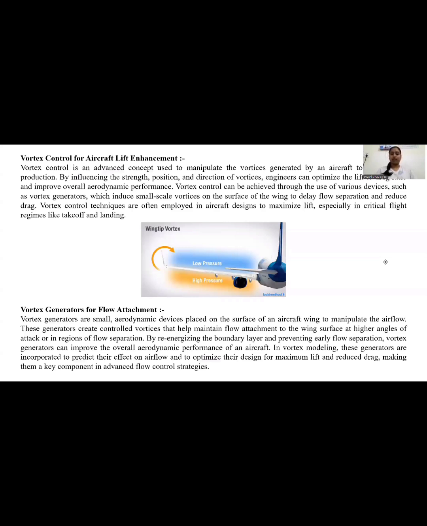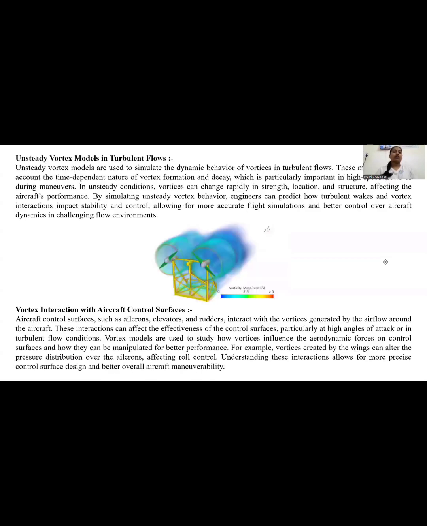In vortex modeling, these generators are incorporated to predict the effect on airflow and to optimize their design for maximum lift and reduced drag, making them a key component in advanced flow control strategies. Unsteady vortex model in turbulent flow.